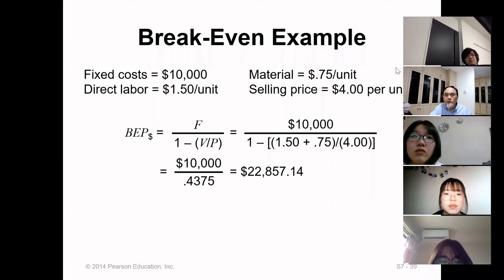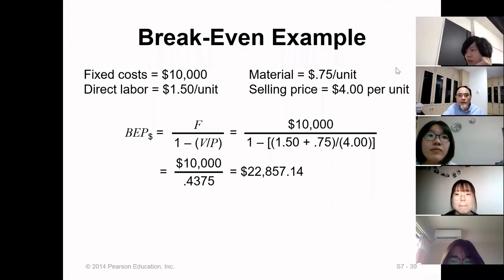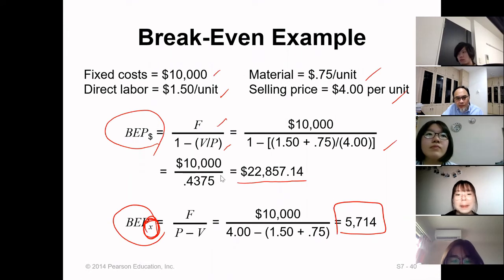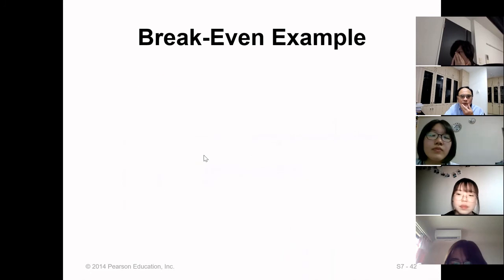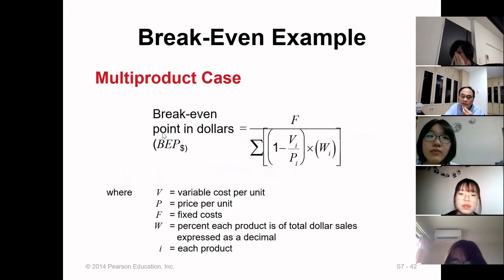Right, so there are a few more things that I need to explain to you. This is a very simple, straightforward one-product case. You can also do analysis for multi-product. It's a little bit more complicated, but it can be done.